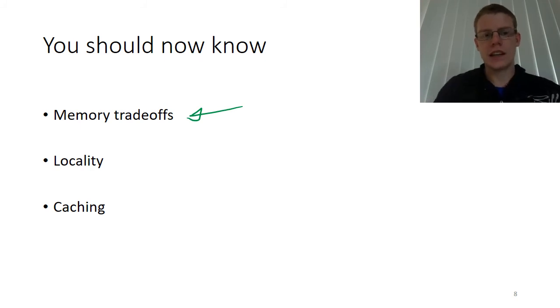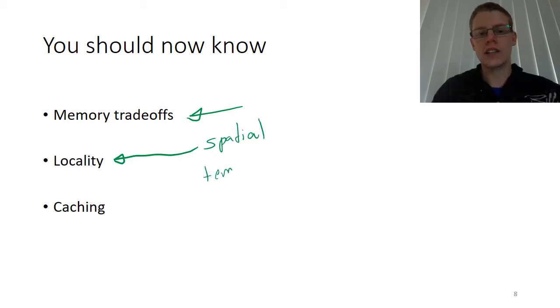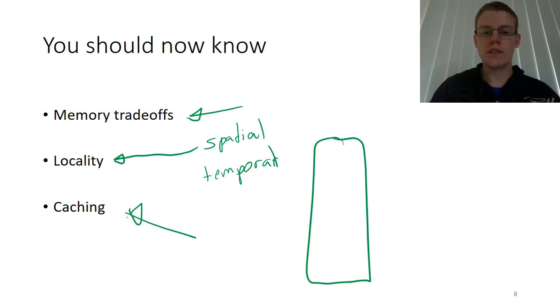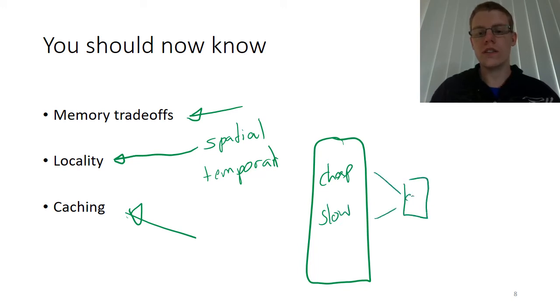We also discussed that in many cases we have 2 forms of locality that we can exploit using a concept called caching in order to effectively increase the speed of memory that we have without sacrificing our ability to have larger memory, by having a big block of cheap, slow memory, cached into a smaller block of fast, more expensive memory that we have less of.